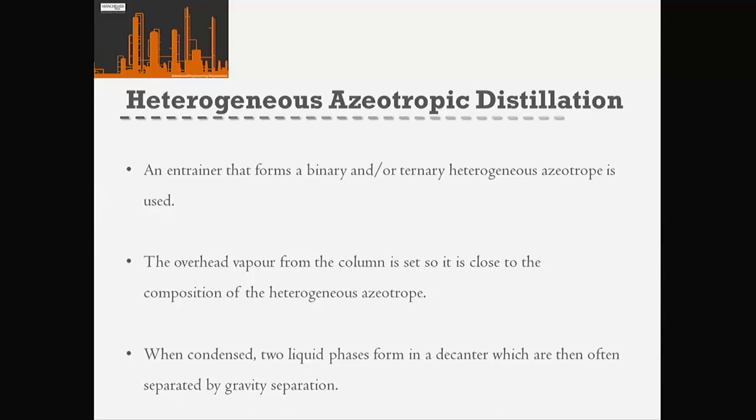But we can actually take advantage of this, because if we condense a vapor that forms two liquid phases in equilibrium with each other, we can actually get some separation by those two liquid phases being at different compositions.